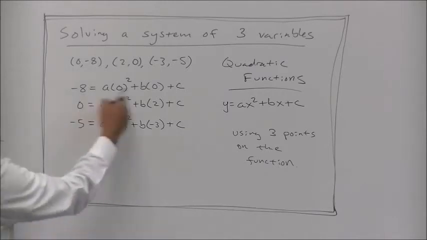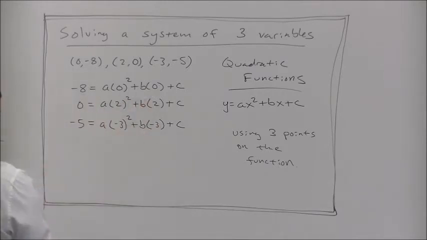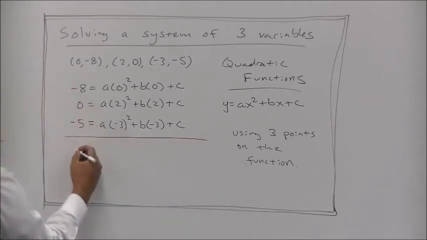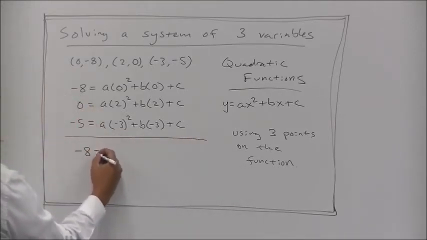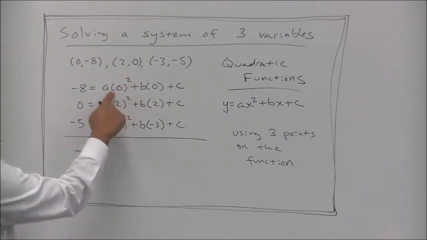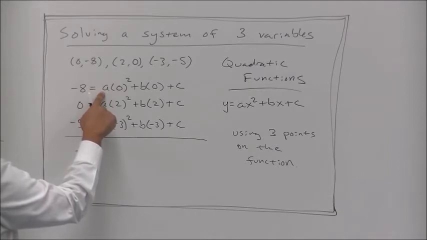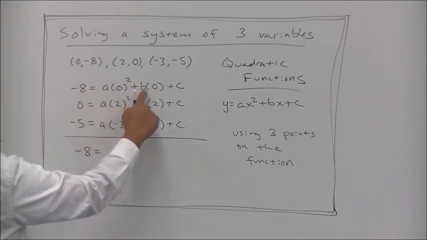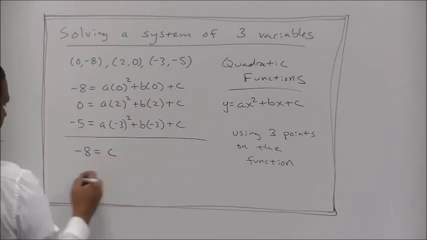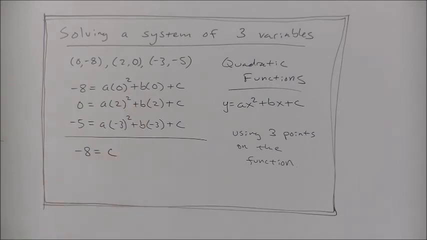Now let's work these out a little bit, make it a little cleaner. For the first one, we have negative 8 equals 0 squared is 0 times a is 0 plus b times 0, that's 0, plus c, which is just c. Hey, look at that. We already found what c is.